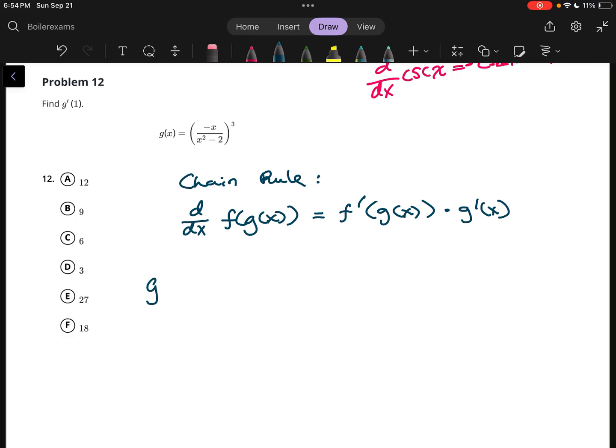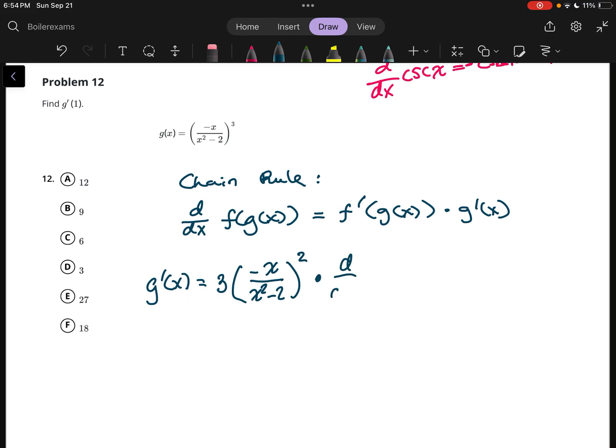So what I would do here when finding g prime of x, we see that the very outermost function is all of this stuff to the power of 3. So we just use the power rule. This is the first part of our chain rule.